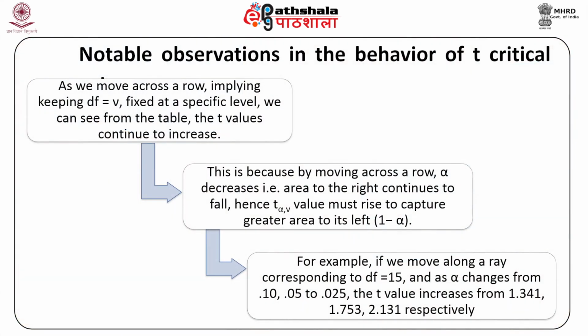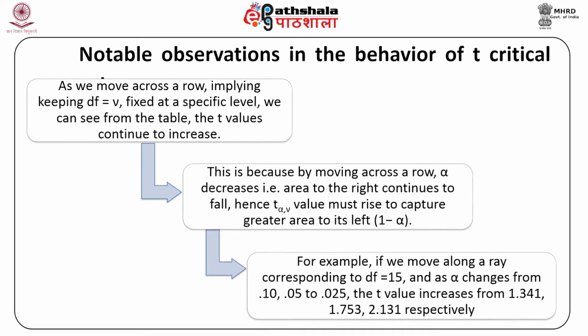The first is that as we move across a row, implying keeping degrees of freedom nu fixed at a specified level, we can see from this table that the t values continue to increase. This is because by moving across a row, alpha decreases, which means the area to the right continues to fall. Hence, the t alpha nu value must rise to capture greater area to its left, which is 1 minus alpha.